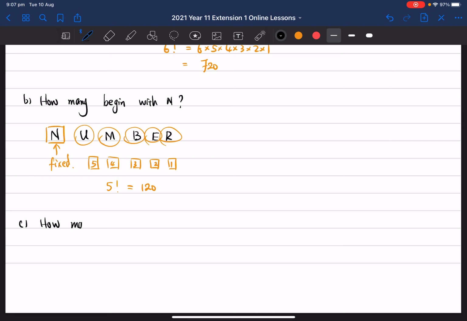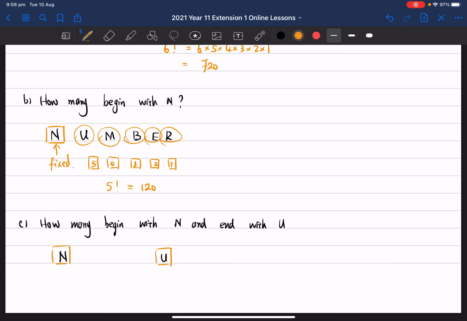Now this time, another restriction. How many this time begin with N and end with U? This time N and U are fixed, so we can't change them.